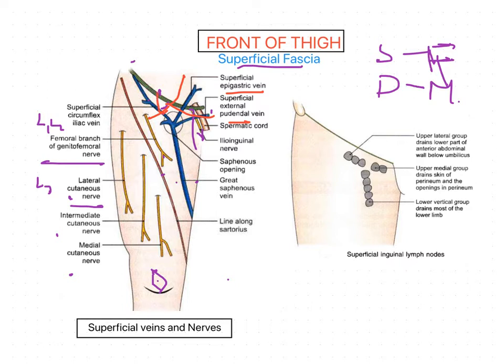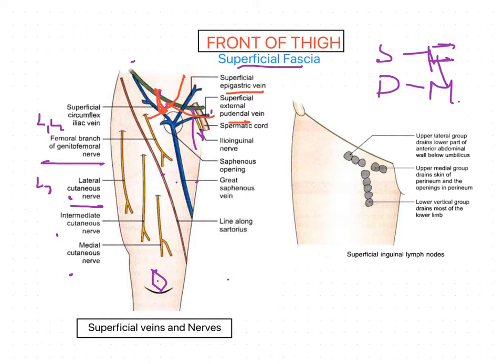It is going to anastomose at the anterior superior iliac spine with the deep circumflex iliac, superior gluteal and lateral circumflex femoral arteries. These we are going to study in detail in the arterial supply of the entire lower limb. Just know what the cutaneous arteries are.